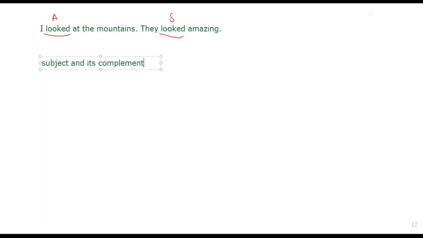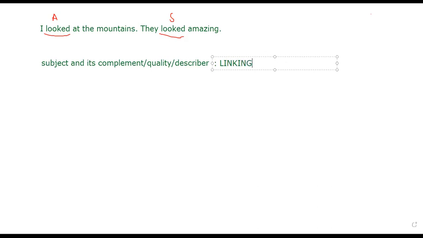Even if I didn't use the word complement because I didn't want to confuse you, I may have said its quality, its describer, whatever. I must have used either of these two words, quality or describer. So that is what I told you about the linking verbs. They link the subject and its quality.